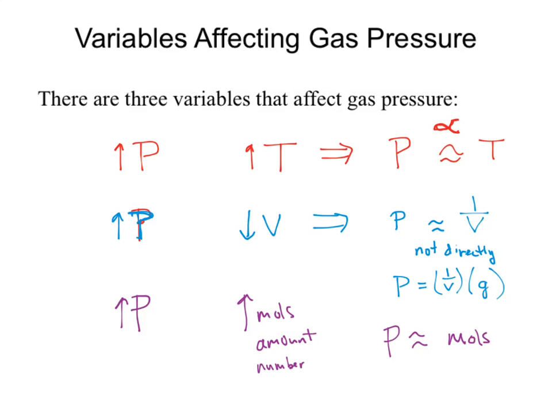Any idea what symbol we use? Smiley face. Not a bad one. N. N represents our moles. And if we wanted to turn it into an equation, we'd do the exact same thing we've been doing for everything else: N times some constant.